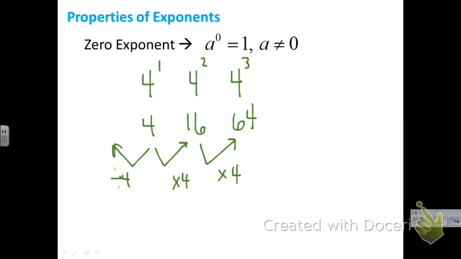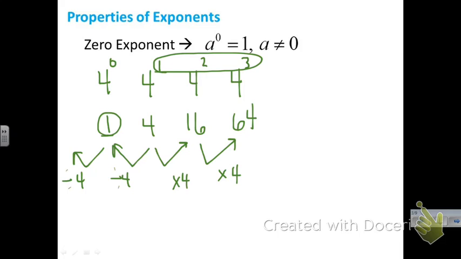So if I take 4 divided by 4, I get 1. And if we go backwards with our exponents, we're subtracting, so this would give you 4 to the 0. So this shows you why 4 to the 0 is 1. If we go back even one more and divide by 4, we take 1 divided by 4 is 1/4, and we go back with our exponents, and you get negative 1.